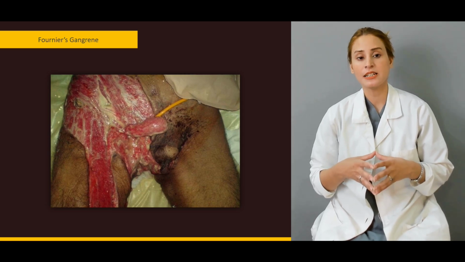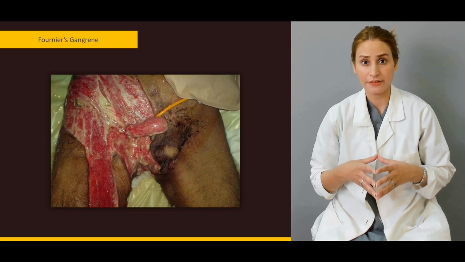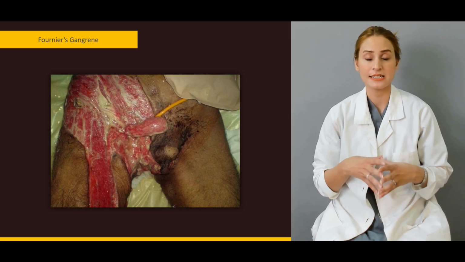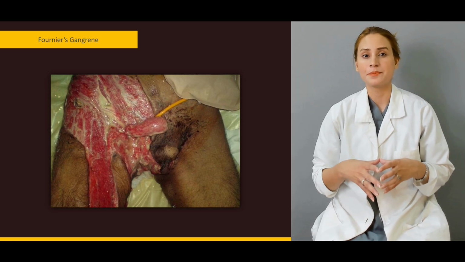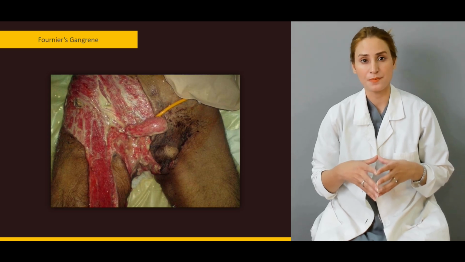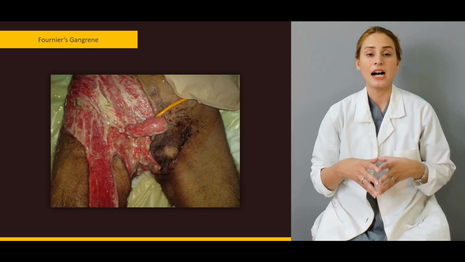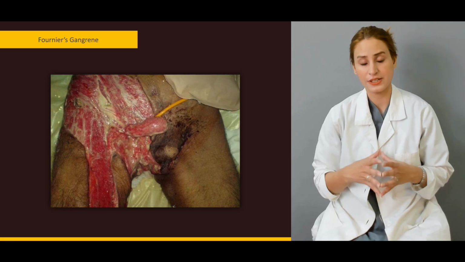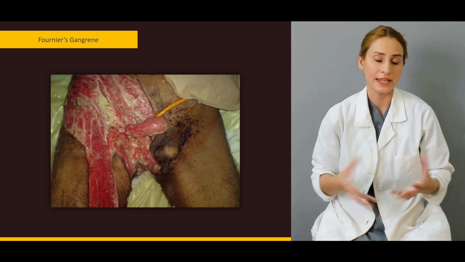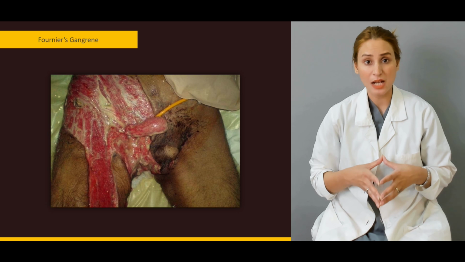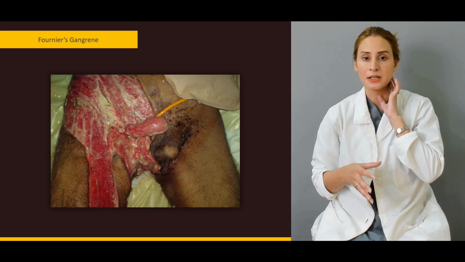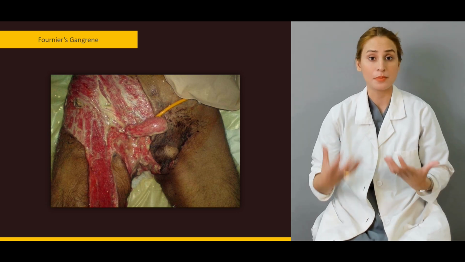If we talk about Fournier gangrene, in this particular entity there is an acute inflammatory process that ultimately leads to the obstruction of the lymphatics and obstruction of the blood supply, particularly causing the blood vessels to be obliterated.